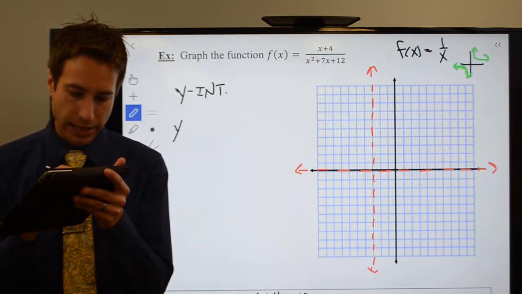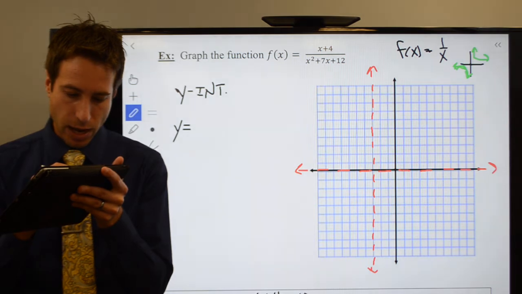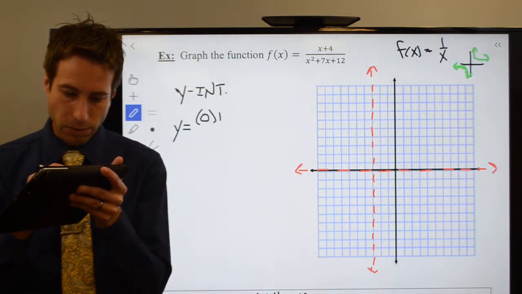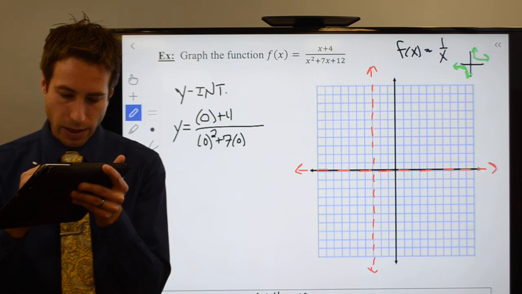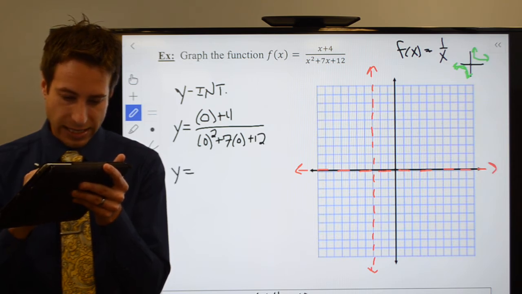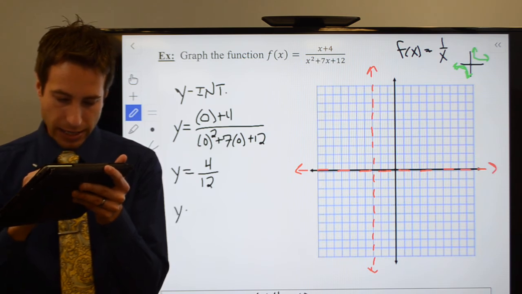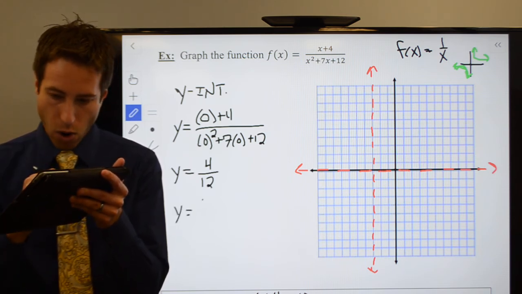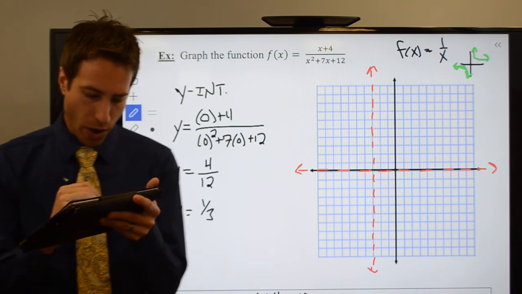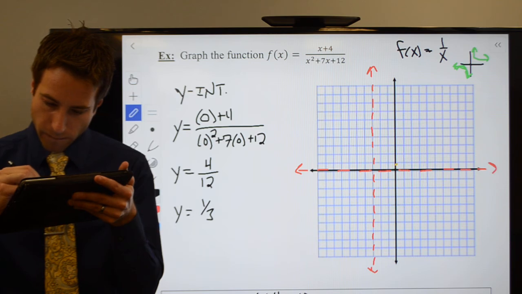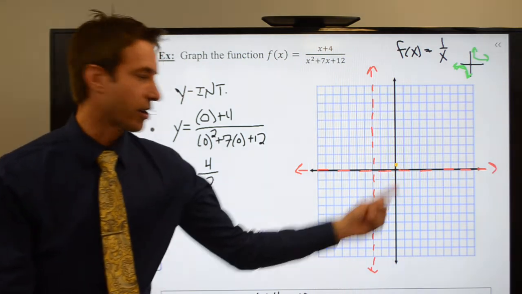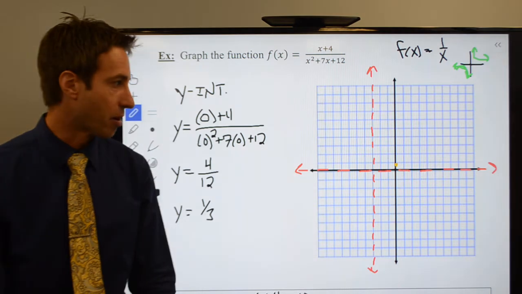All right, so y is equal to 0 plus 4 over 0 squared plus 7 times 0 plus 12, which means y is equal to 4 over 12, which means y is equal to 1/3. 1/3 is right about there-ish.